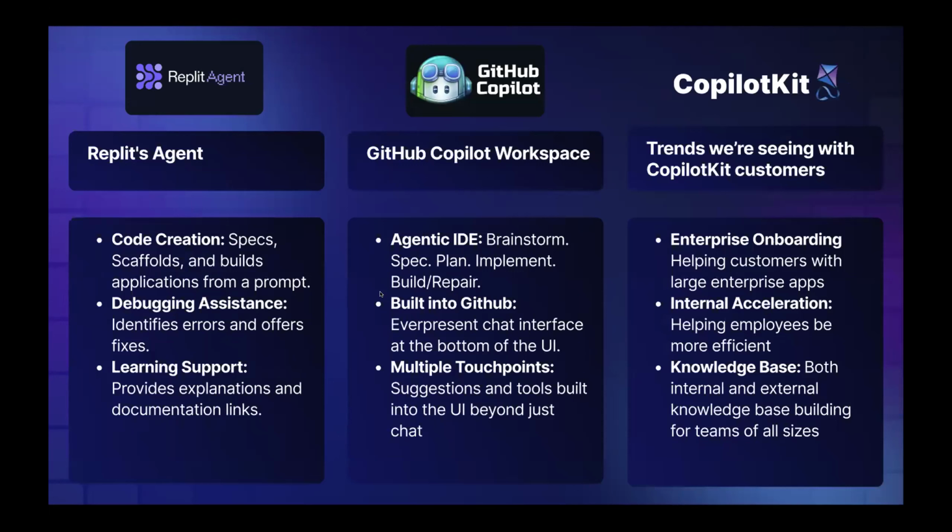So like I said earlier, there's some big players that are doing this. Replit Agent and GitHub Copilot Workspace. They've both, like we said earlier, they're kind of the canary in the coal mines for this sort of application. They are showing you what the future is going to look like, but with every single application. And so we see this a lot at CopilotKit, because people are coming to us and trying to build these different apps. And that's not just IDEs.